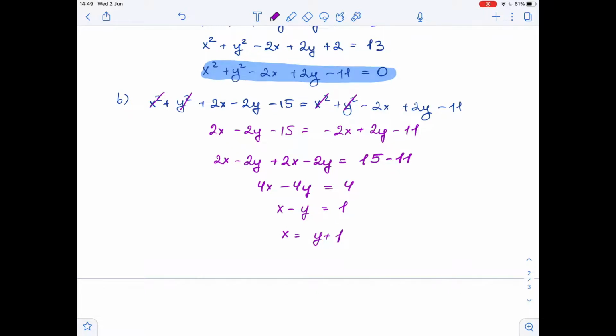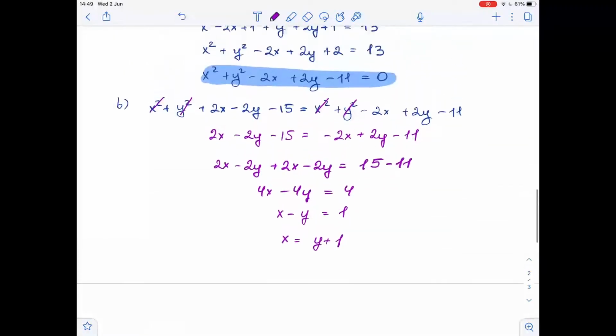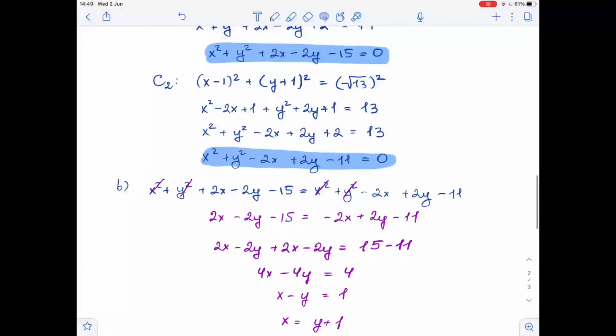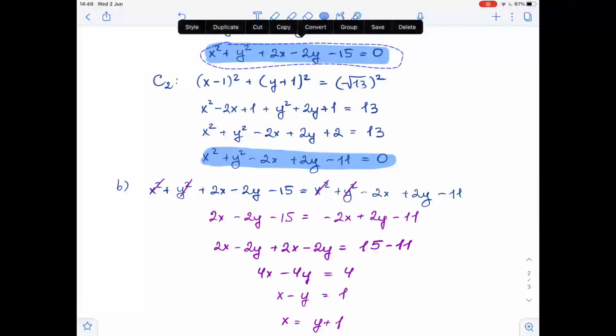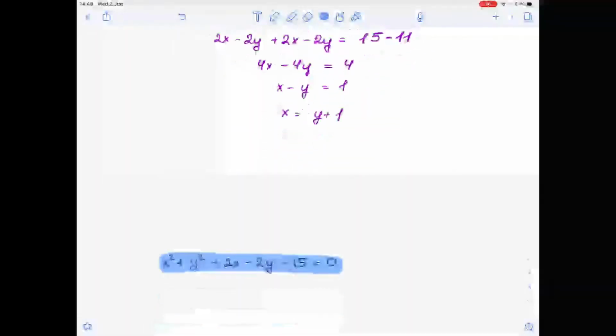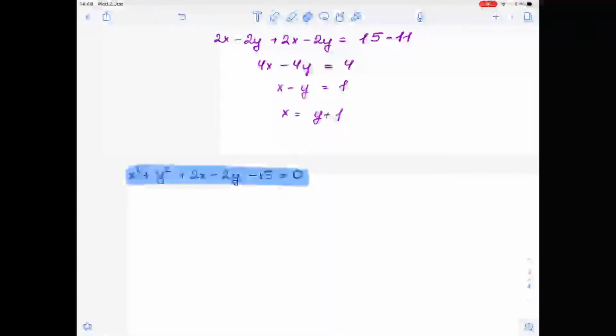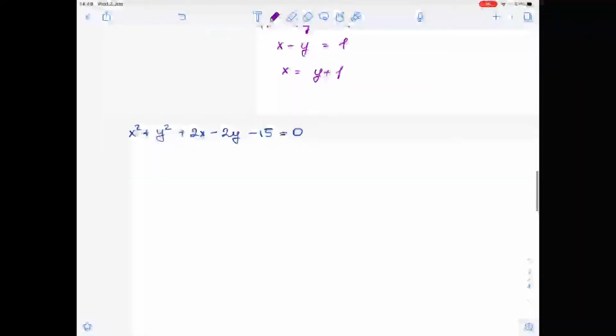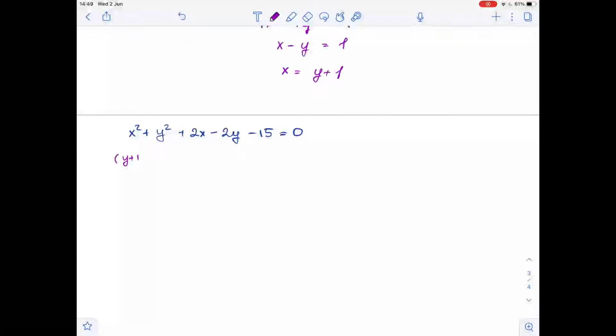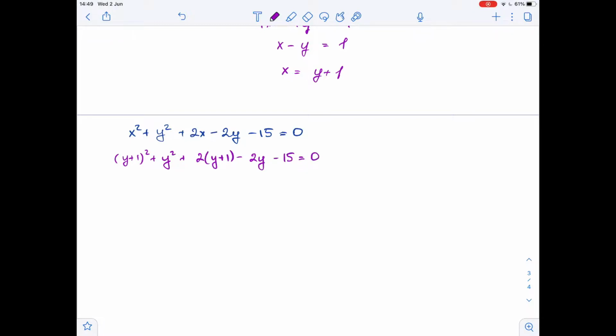Now we will put this value in equation C1. So again, I will copy paste equation C1, and we will just substitute x with y + 1. So we will rewrite this equation as (y + 1)^2 + y^2 + 2(y + 1) - 2y - 15 is equal to 0.